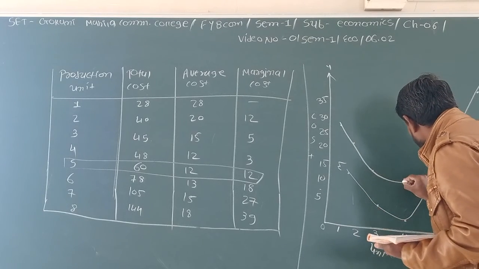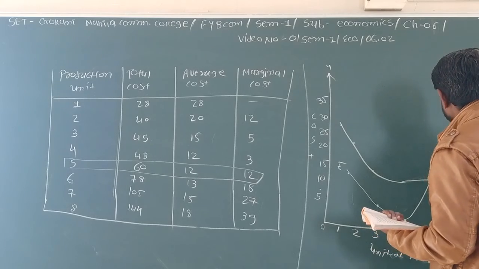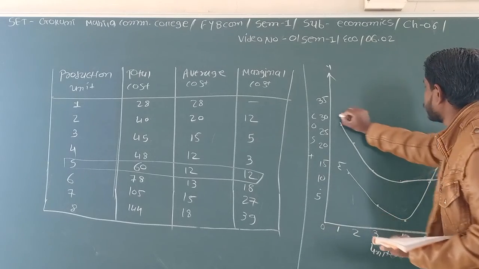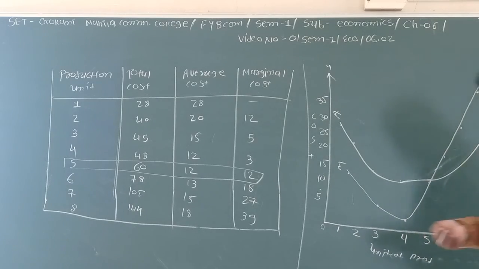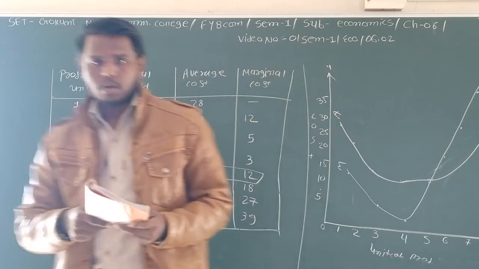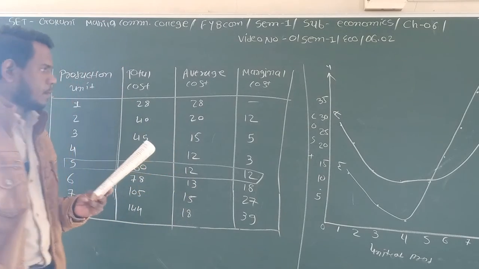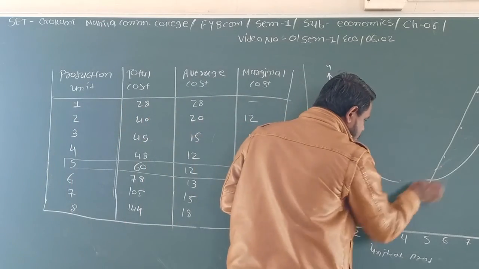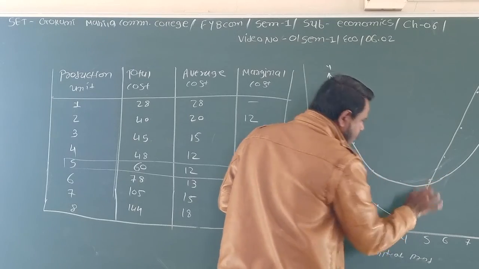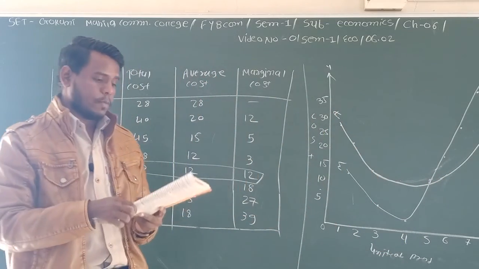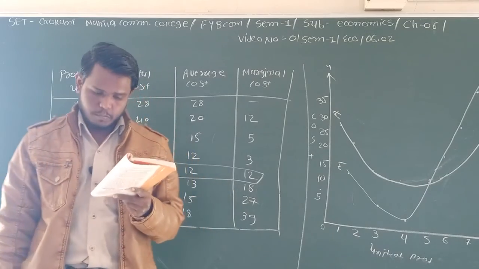Let's draw this line again. This is the average cost curve and this is the marginal cost curve. You can see more clearly in your book. You can see this same diagram in your book on page number 138 more clearly.